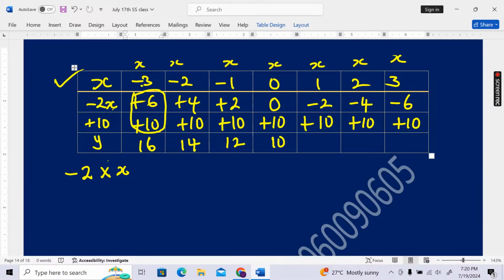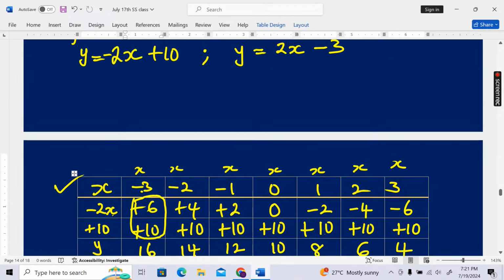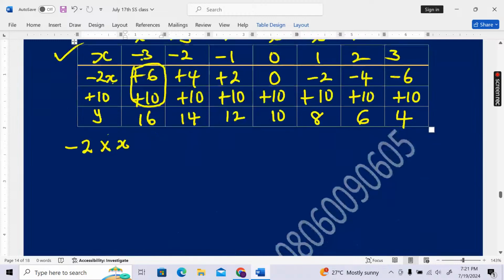So 10 minus 2 is 8. 10 minus 4 is 6. 10 minus 6 is 4. Now, we have been able to get the table of values for the first equation, y is equal to minus 2x plus 10.